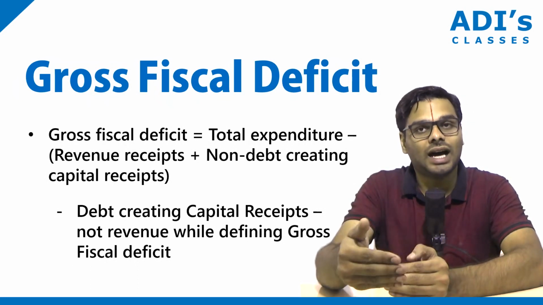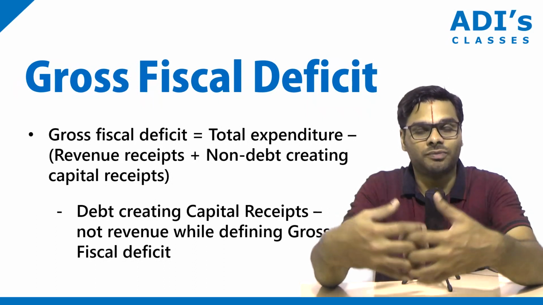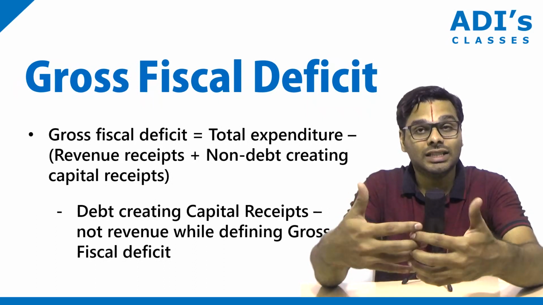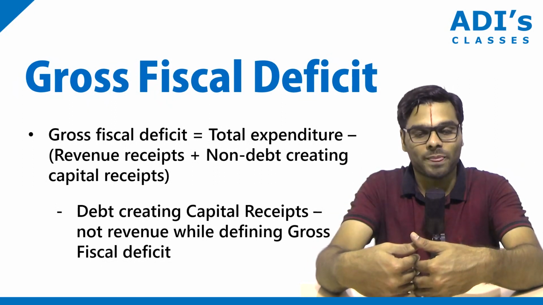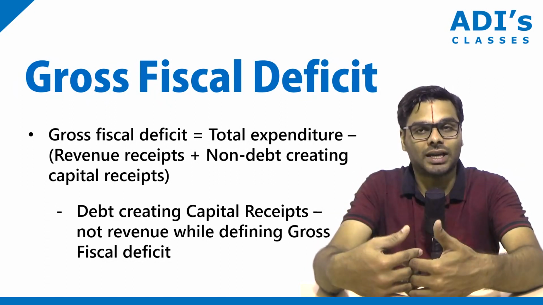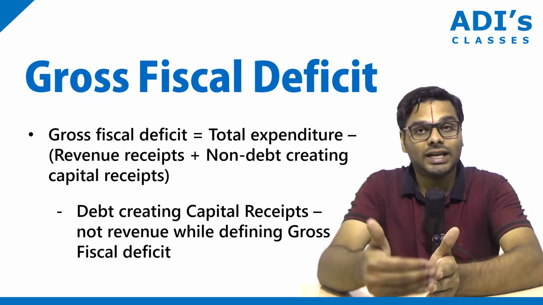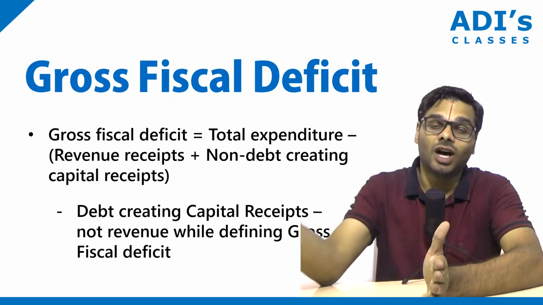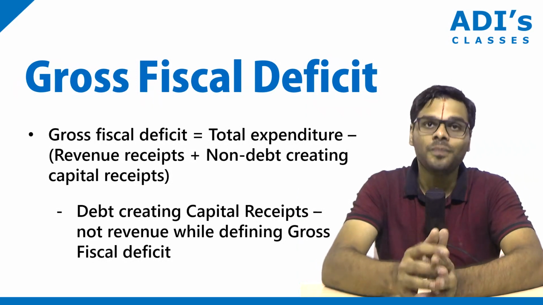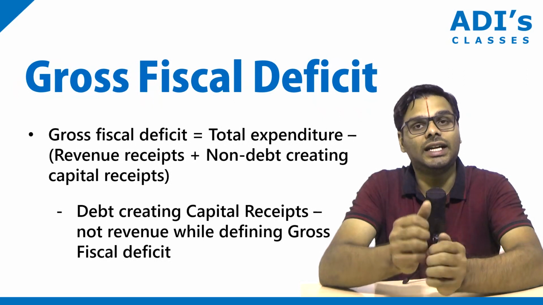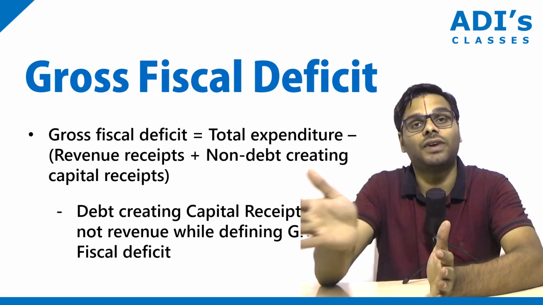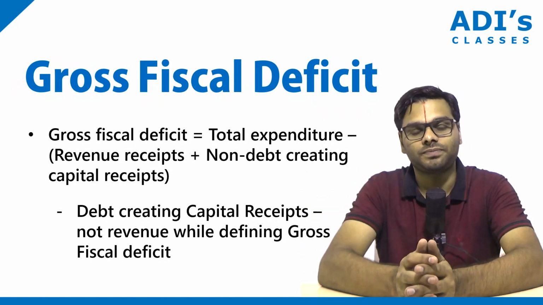If you sell the house, then you get a lot of money, and this is the equivalent of non-debt creating capital receipts. Now you have got money in bulk, but the rent that you were getting every month is lost in the future. So, non-debt creating capital receipts do not create debt, but there is a loss of earning in the future.